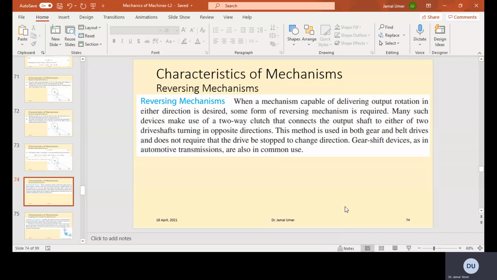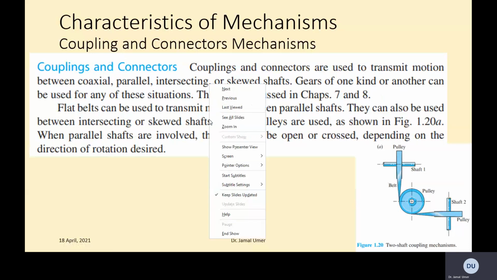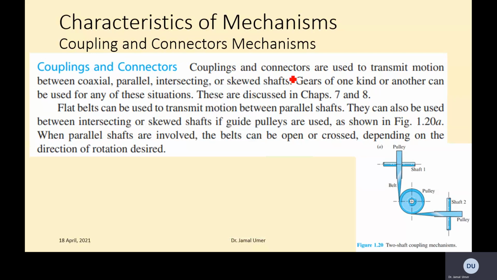All right, so the next category is couplings and connectors. Couplings and connectors are used to transmit motion between coaxial, parallel, intersecting, or skewed shafts. So basically, couplings or connectors are the ones used to transmit motion and energy from drive to driven.